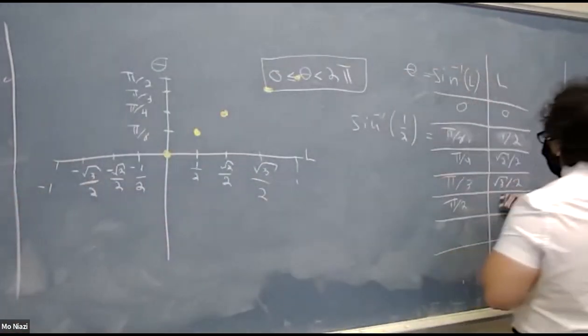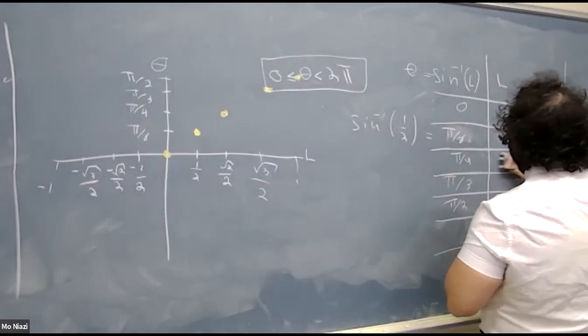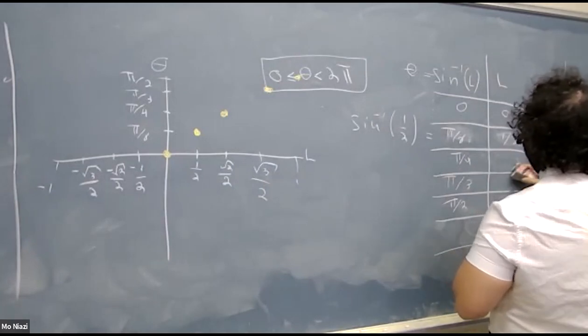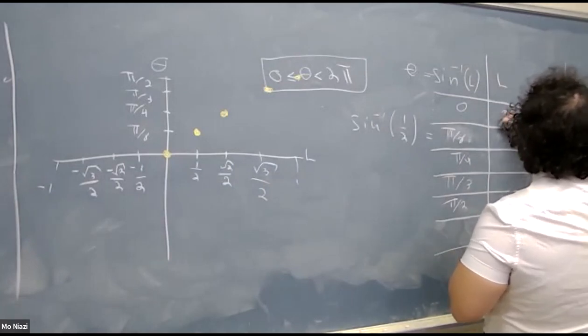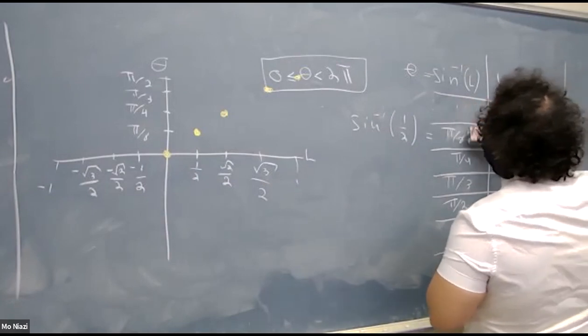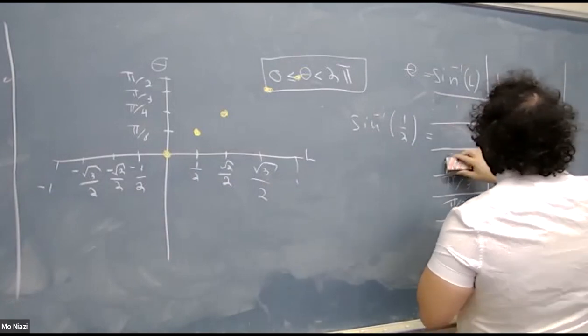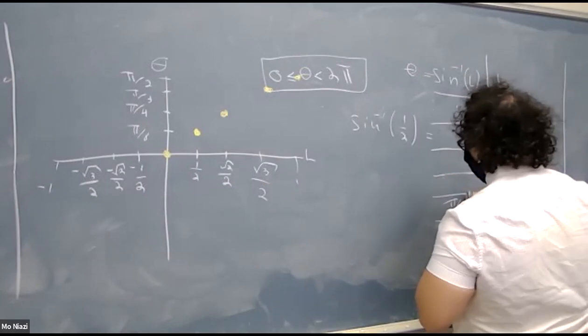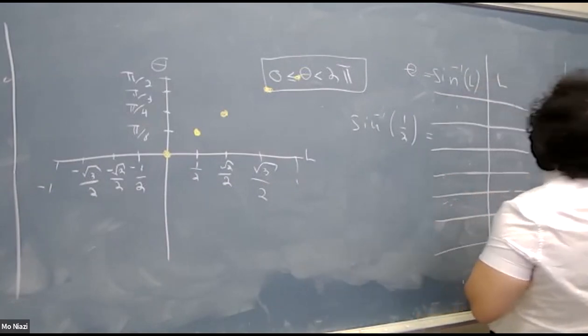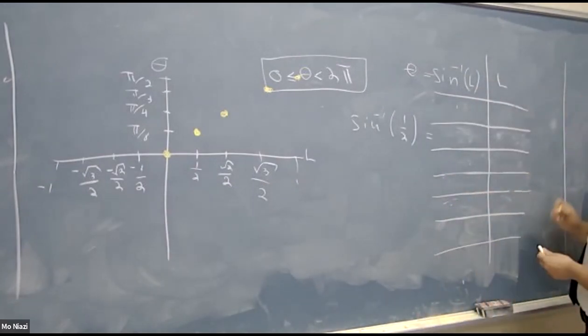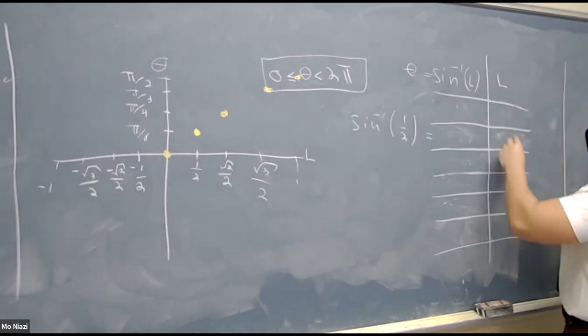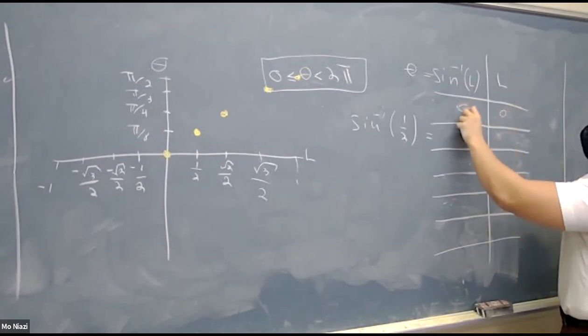Now that we know these, why don't we input the negatives and plot them? We had 0, that's 0.